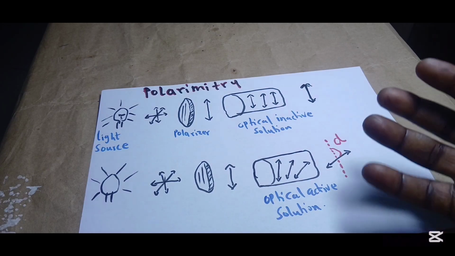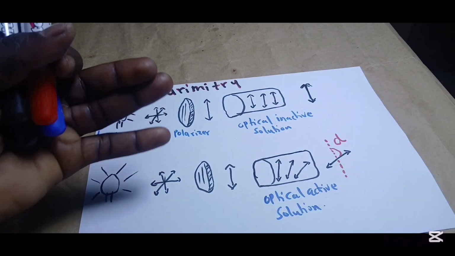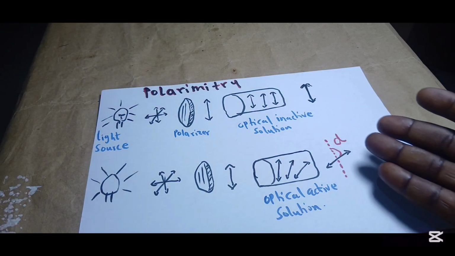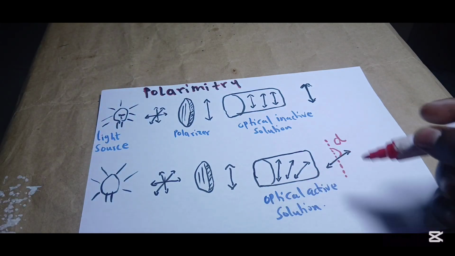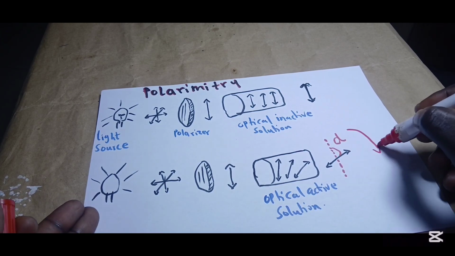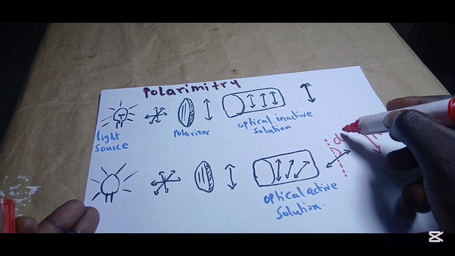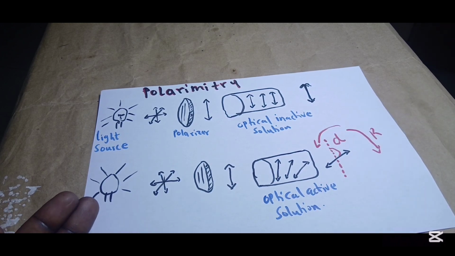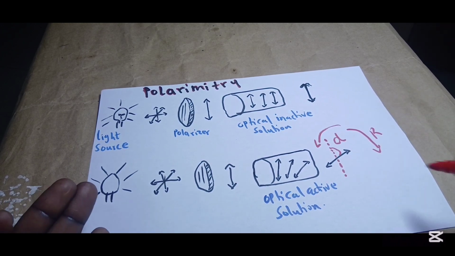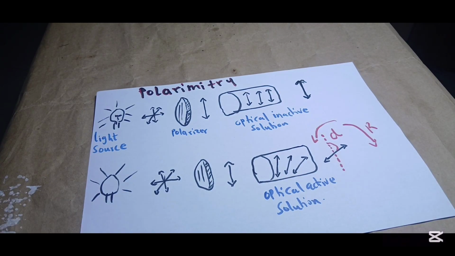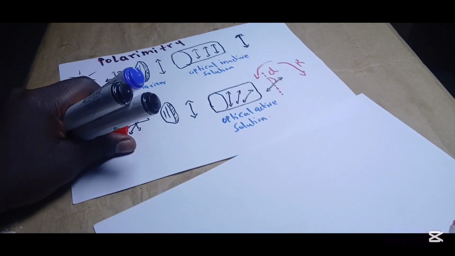So if you are given a solution and you pass a polarized beam of light through it, the beam of light may form an angle turning to the right-hand side, or form an angle turning to the left-hand side.